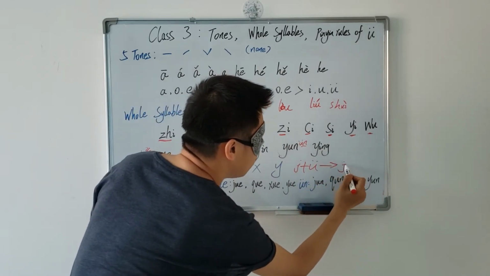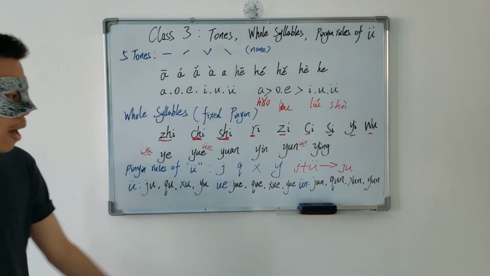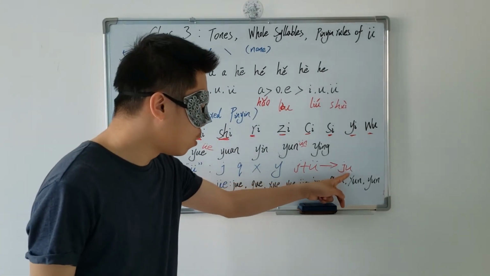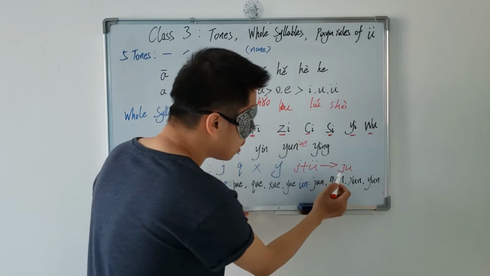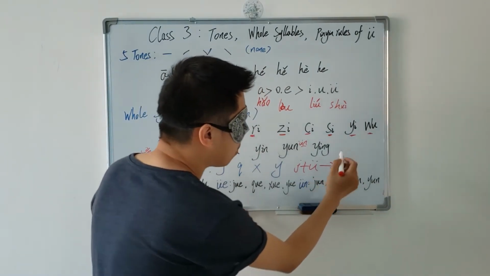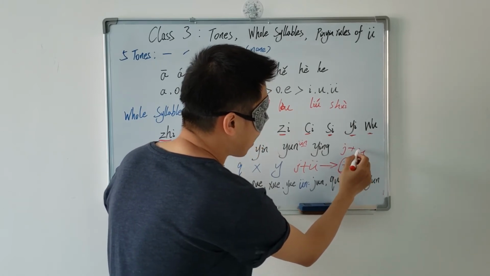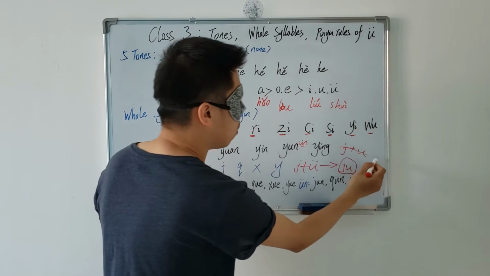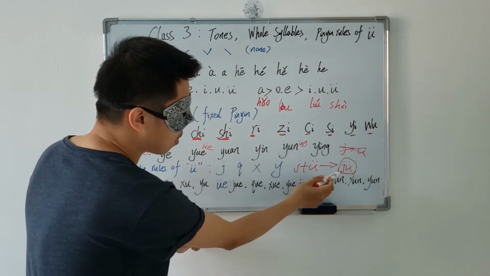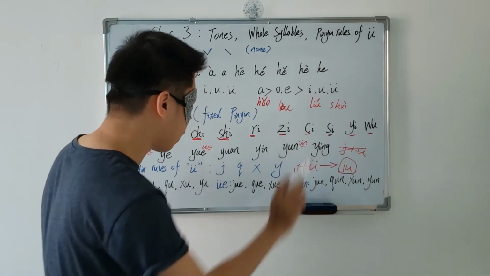It will look like this. It's not G plus U plus U. It is combined by G and U, and you take off the 2 points.